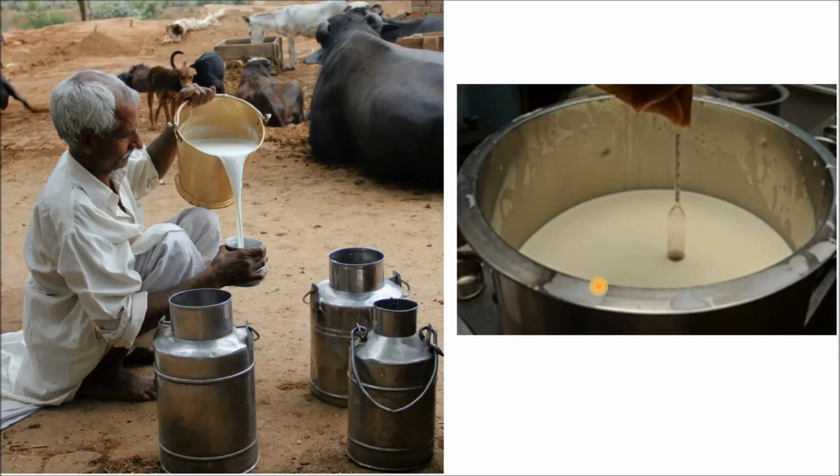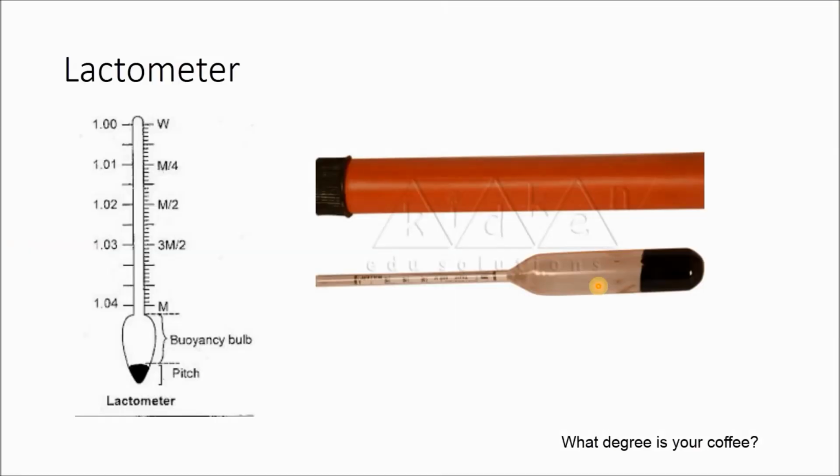I was surprised: how can this small instrument measure milk quality, whether water was added or not? When I looked at the instrument, there were marks on it. My mom told me this instrument is called a lactometer, and when it moves in the downward direction, we think he has added more water.